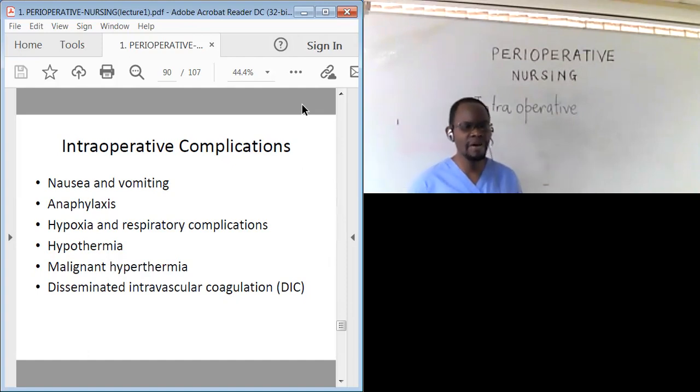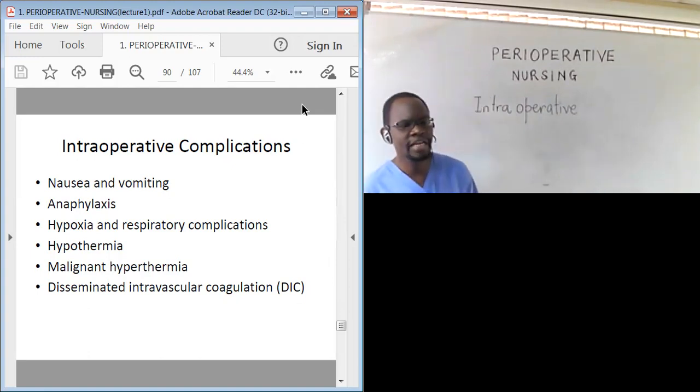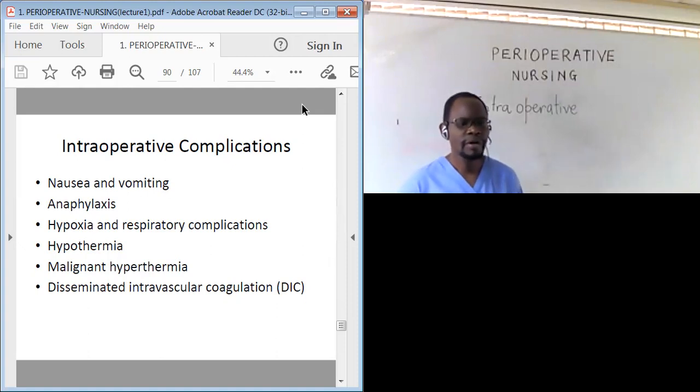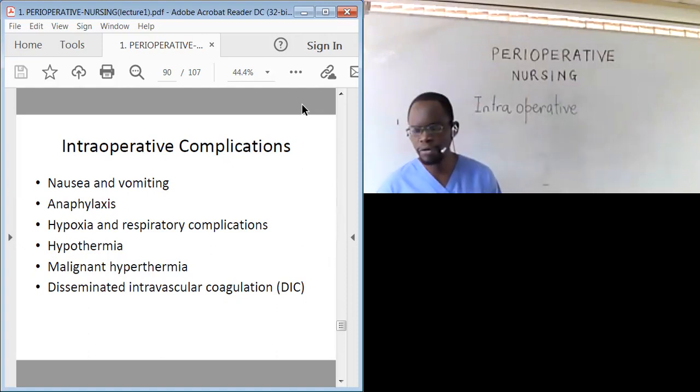Now this is very, very important, though not common. It can be a complication whereby a patient, following administration of anesthesia, has a high temperature and their muscles are very, very stiff. So that is what we refer to as malignant hyperthermia. But we can also have DIC in the intraoperative phase of surgery.